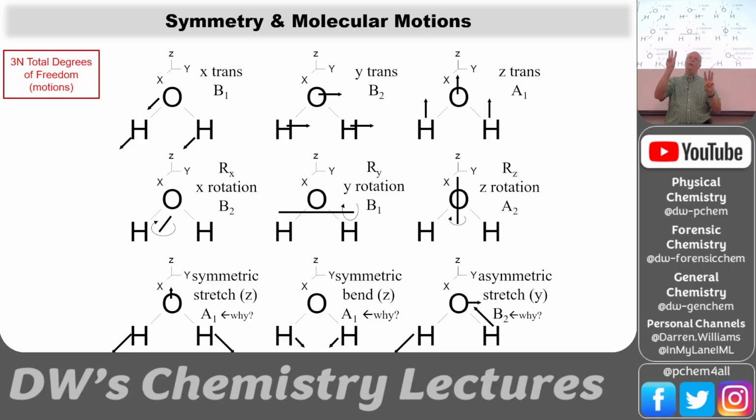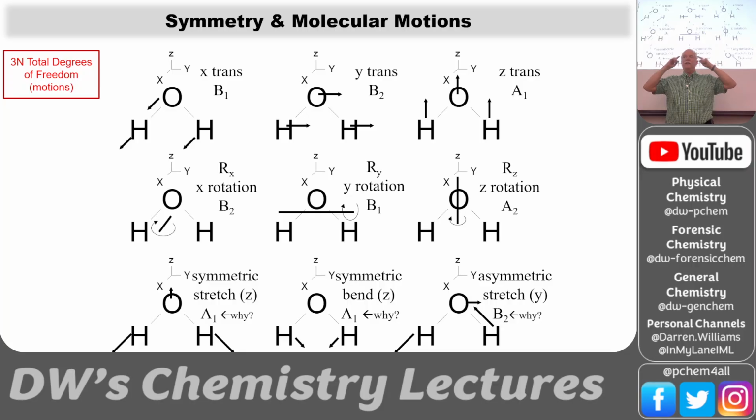If this one goes in this direction and this one goes in that direction, because they want to stay connected, they're going to have to rotate. So every atom has 3 degrees of freedom, even if you put it in a molecule. But some of those degrees of freedom are restricted if you want to keep the molecule intact, and they become vibrations or rotations. There's still a total of 3 times the number of atoms degrees of freedom.